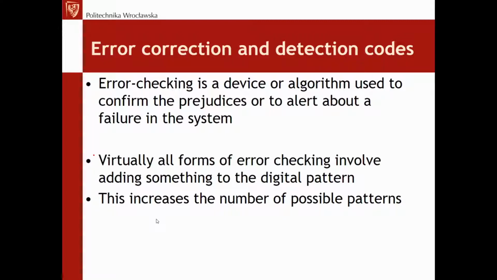Those extra bits, in various ways, are used to detect and or correct the code, because first we start with detection. The detection starts first, correction goes second. First we need to be able to detect the errors, and only then it may be possible to correct them.